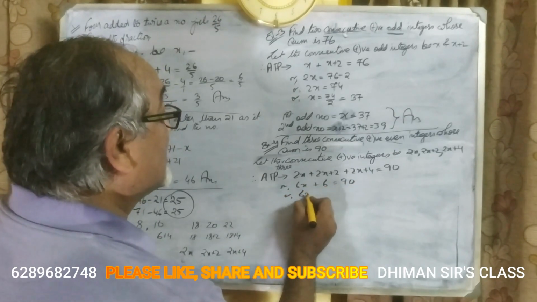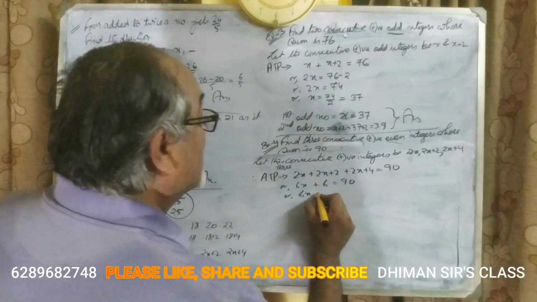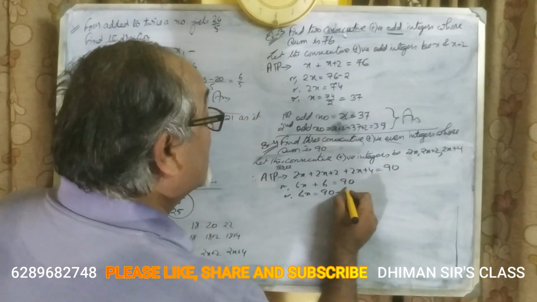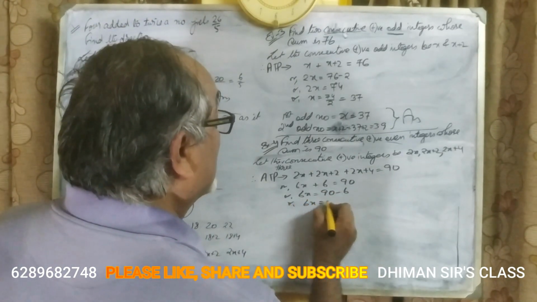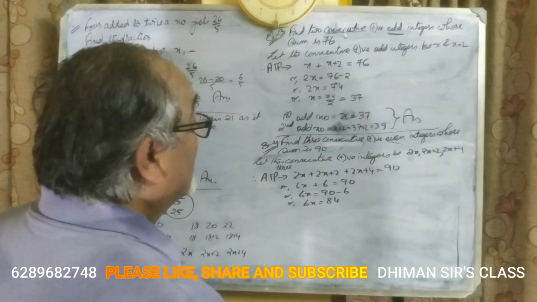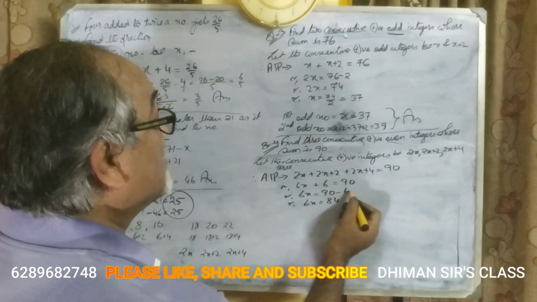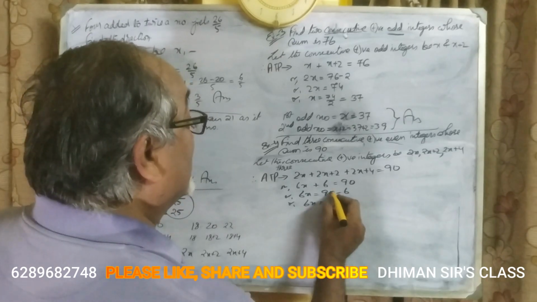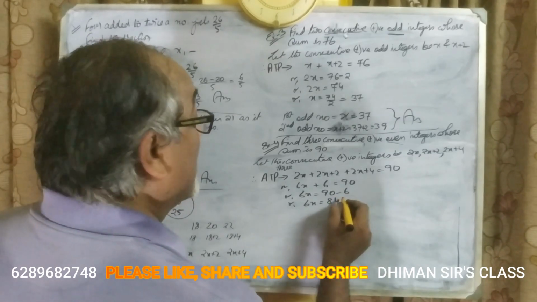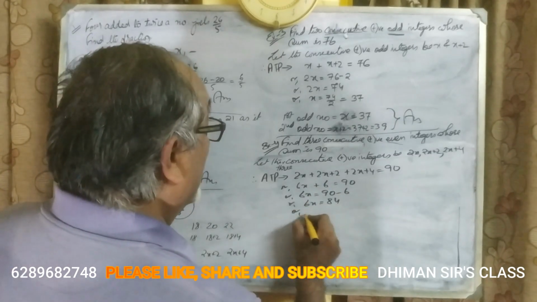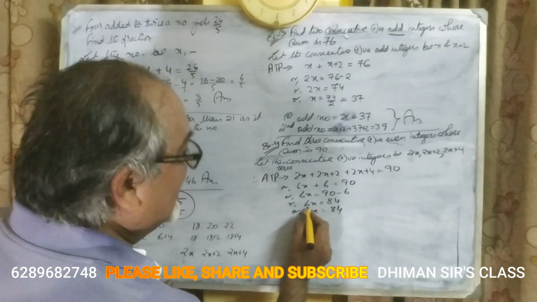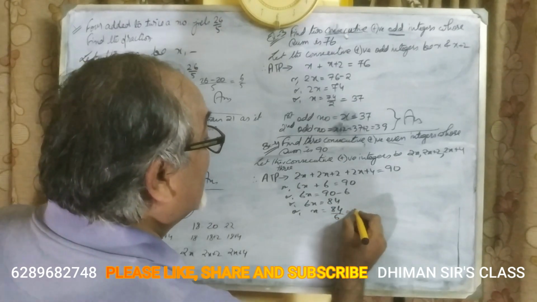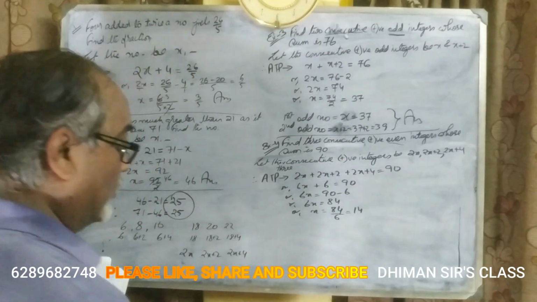Let 6x remain as it is and plus 6 go that side, is equal to 90 minus 6, or 6x is equal to 84. Yes or no? 90 minus 6, 84. Or x is equal to 84 by 6. 6 was a multiplier on the left hand side, it becomes a denominator on the right hand side. 6 1s are 6, 6 4s are 24.